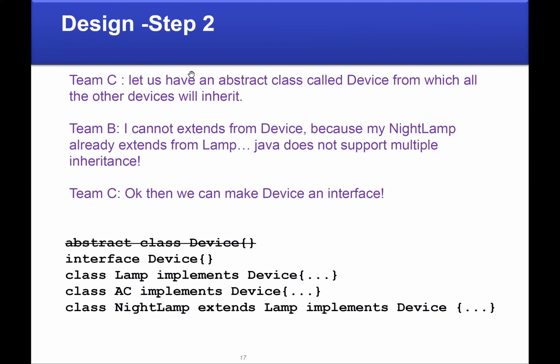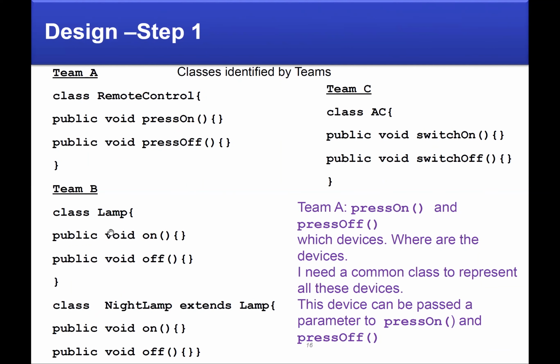Step two. Team C says, let us have an abstract class called device. Who's Team B? Team B is called lamp, and Team C is called AC. But Team B says, sorry, we cannot do it, because an abstract class can only extend one class, they cannot have multiple classes.